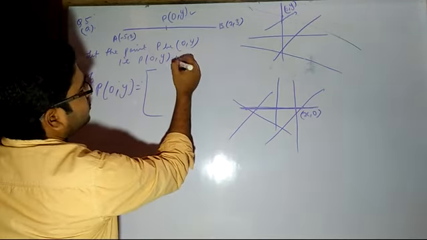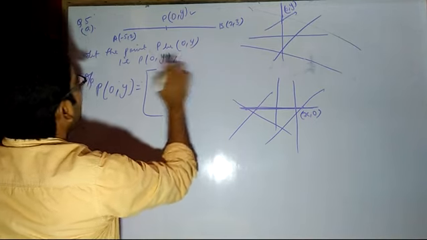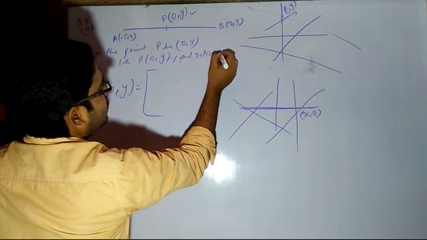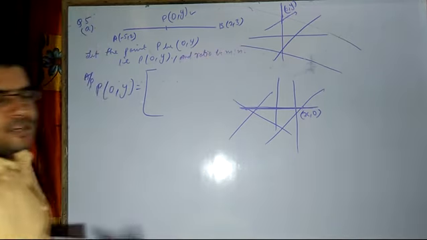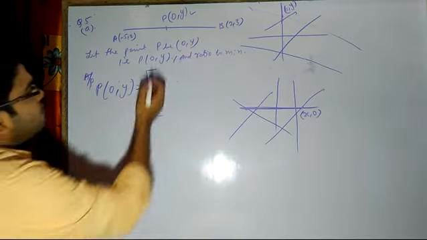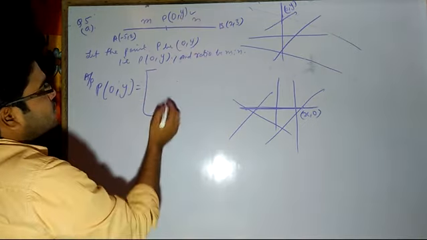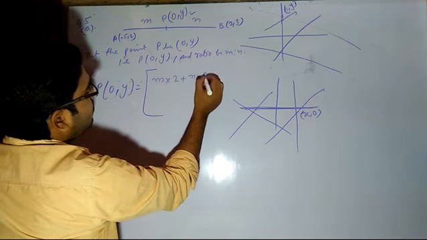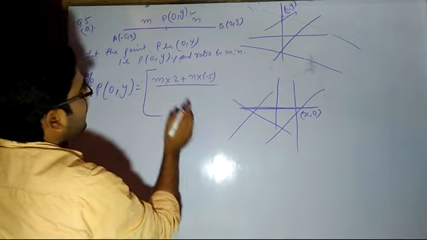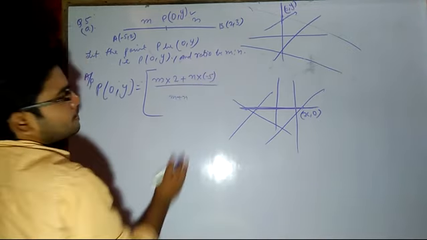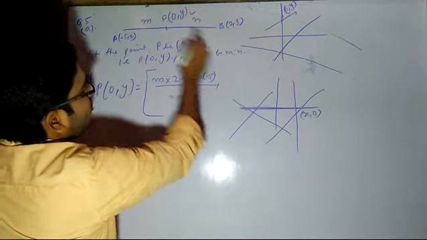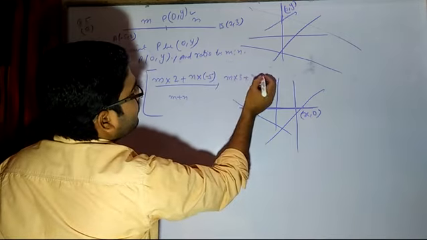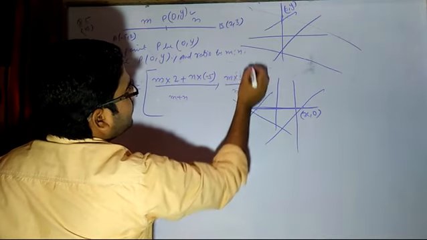So I can assume the ratio also. Let the ratio be m is to n. M is to n ratio I have taken. Now I will write here m, here it is n. So I can write (m into 2 plus n into minus 5) by (m plus n), comma, (m into 3 plus n into 2) by (m plus n).